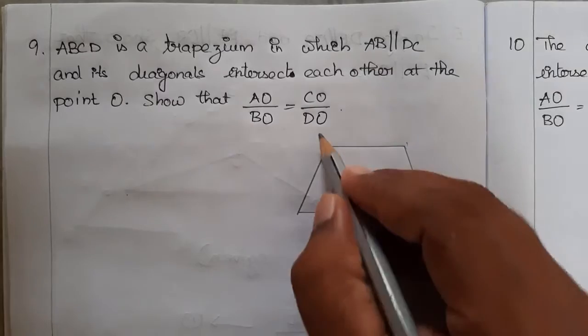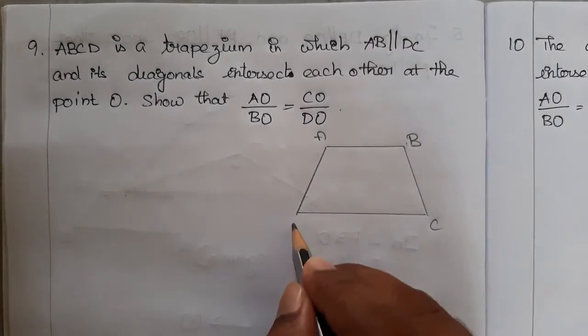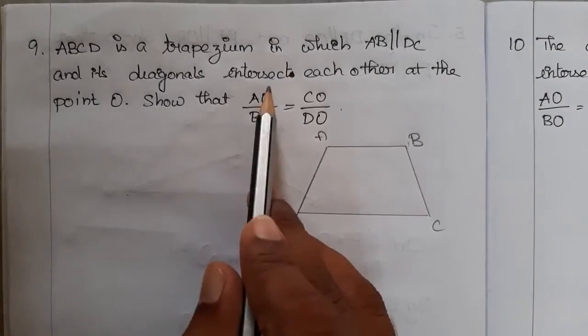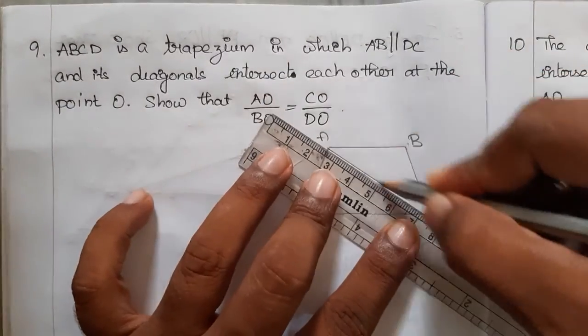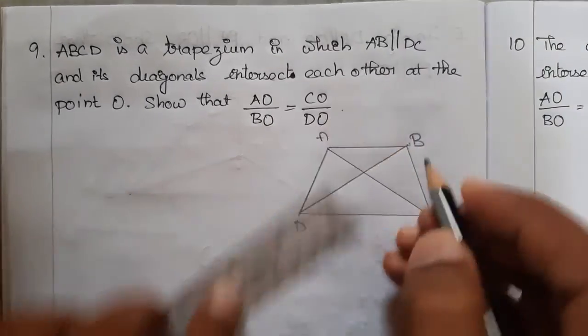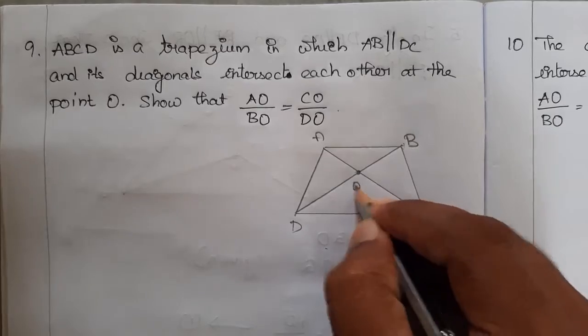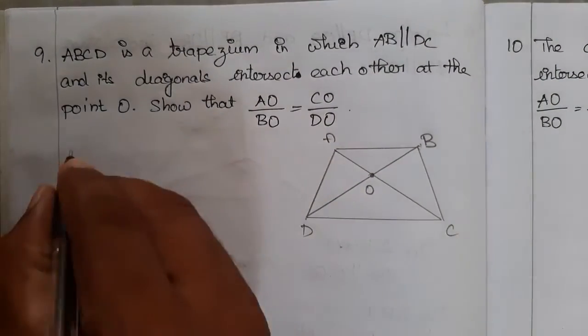So let me choose the points A, B, C and D, and the diagonals intersect each other at point O. Let me consider the intersecting point as O. Clear? So what is first given?